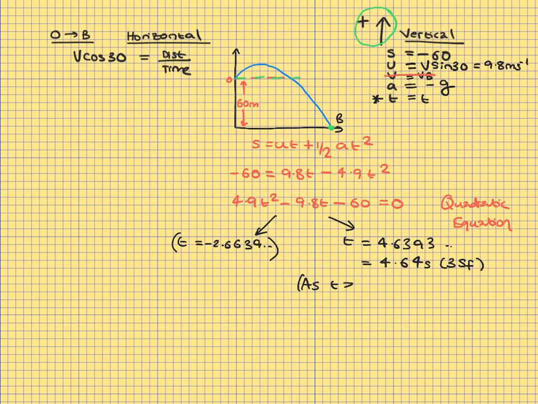Remember, t has to be greater than or equal to 0. This extra solution here comes from the geometry of the graph. If you tracked back this quadratic function, you would get an x value here, which corresponds to negative 2.639, but of course it's not really a practical answer in the context of time.